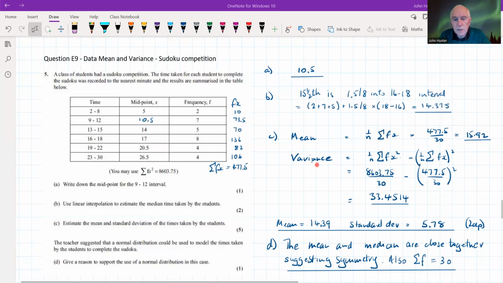The variance, and let's go back to see if we can remember this, is the mean of the squares minus the square of the mean. Yeah. So we've got this thing here, it's given us that. We calculated this. So basically, we just work that through, and that gives us a variance of 33.4514 to 4 decimal places.